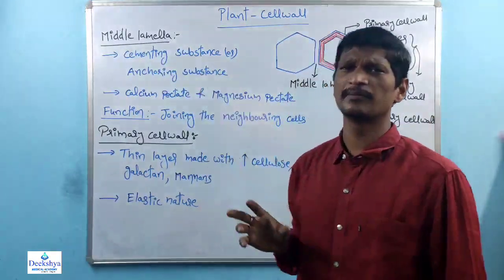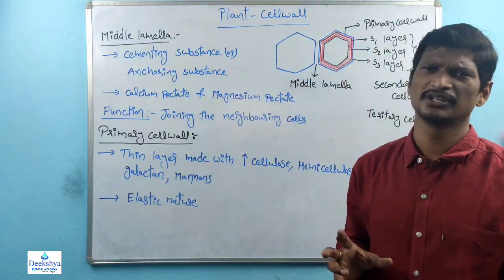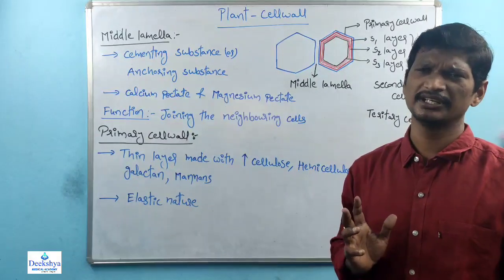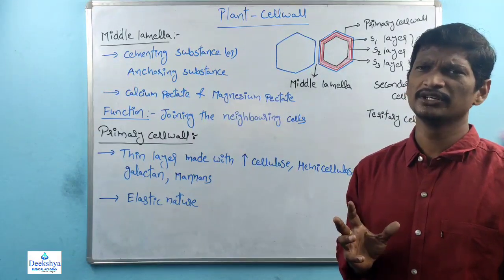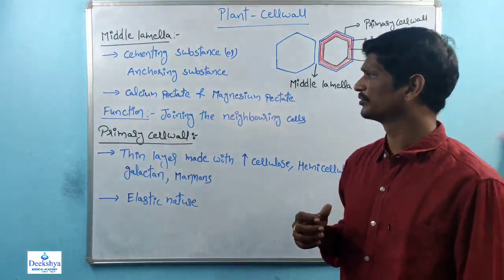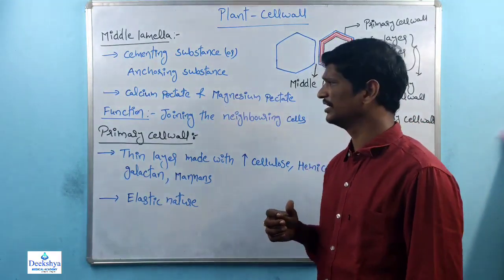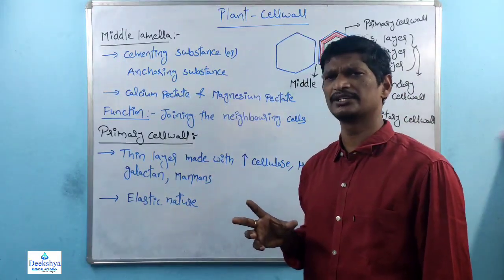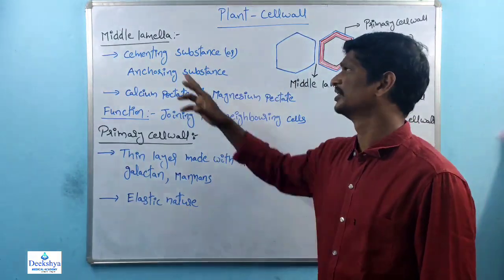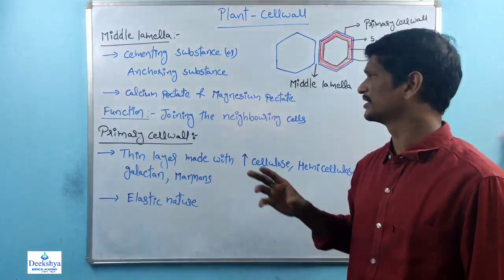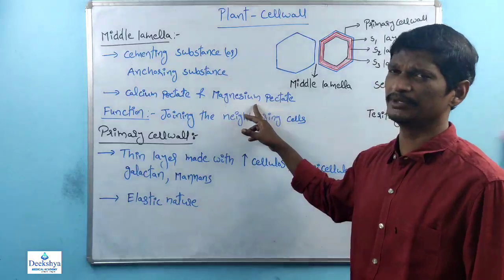It is the cementing, joining or anchoring substance that supports joining the neighboring cells. The chemical composition of the middle lamella is calcium pectate and magnesium pectate, right?